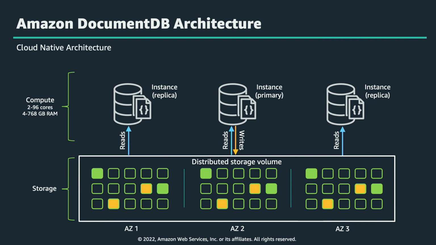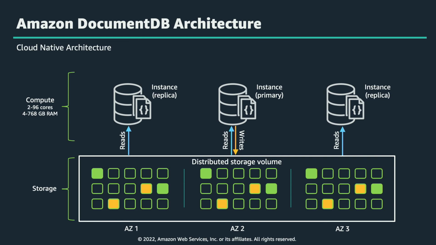There's always 1 primary and 1 to 15 replica instances. Each of those instances can vary in size, from a relatively small development instance with 4 gig of RAM and 2 cores, up to our largest instance that we support with 96 cores and 768 gig of RAM. And there's half a dozen or so other instance sizes in between.